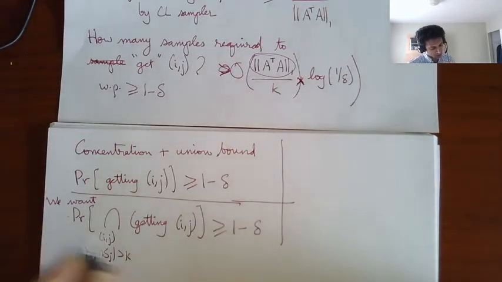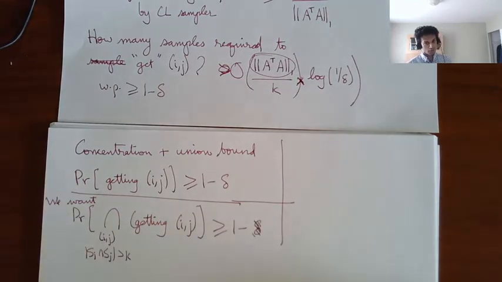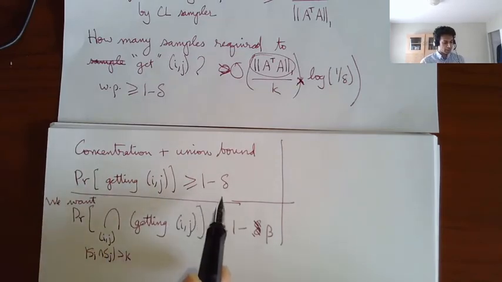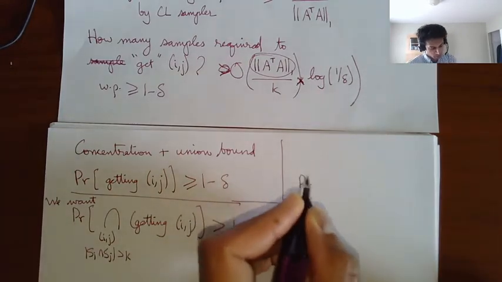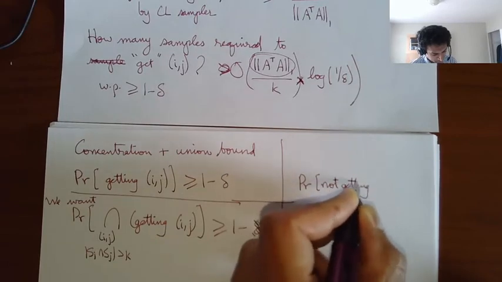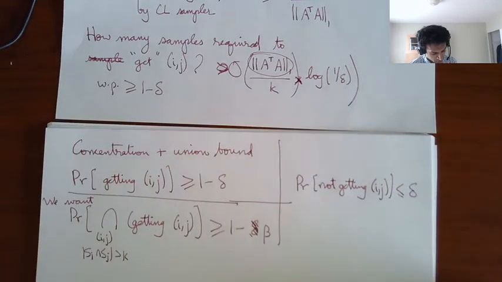Okay, so let me restate this. Let me say that there's some beta and delta. I can get the probability of getting ij to be greater than 1 minus delta. What I want is actually some bound on getting everything. So flipping this around, the probability of not getting ij is at most delta.